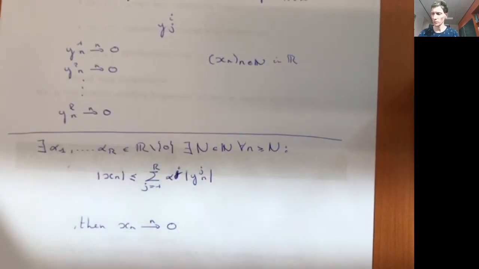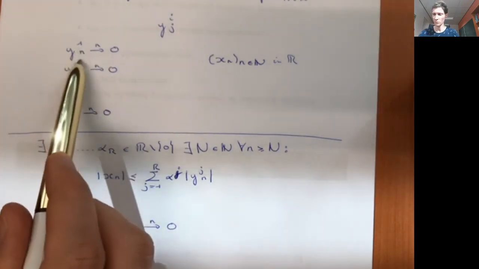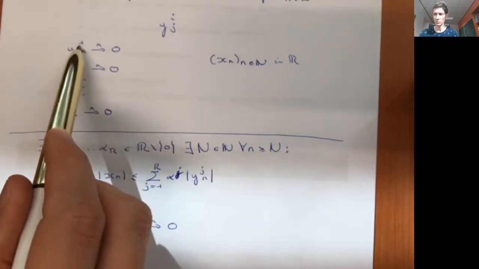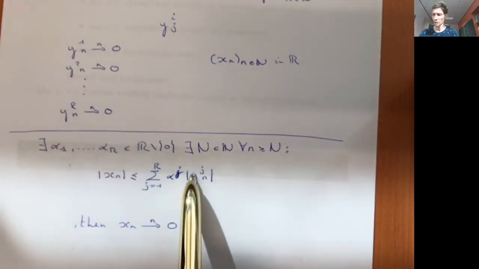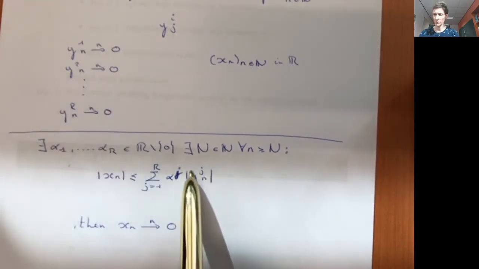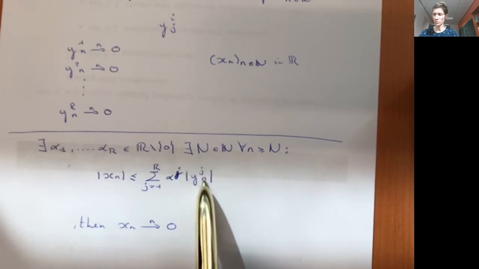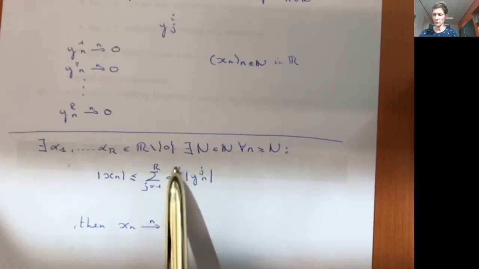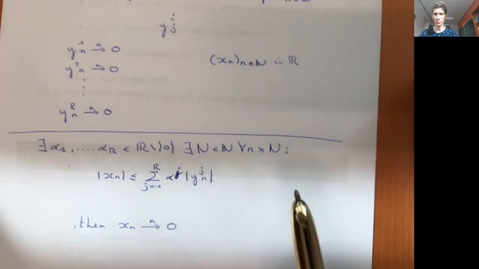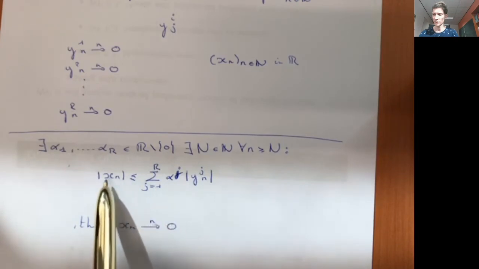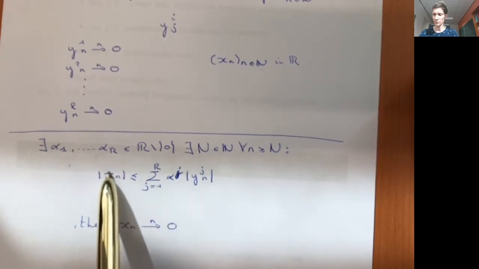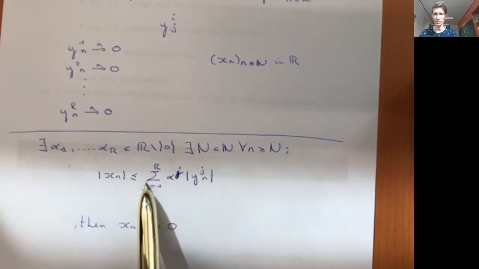So what's the intuition behind this result? Well, we know that all the sequences y1, y2 up to yr converge to 0. So this means that this absolute value gets closer to 0 as n goes to infinity. And now we have a weighted sum of terms, all of which go to 0. And the absolute value of xn is greater or equal to 0, but smaller than some number that goes to 0.